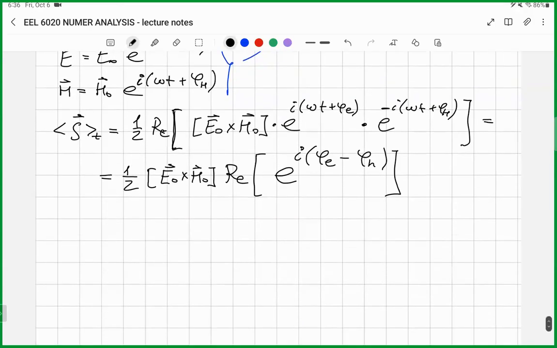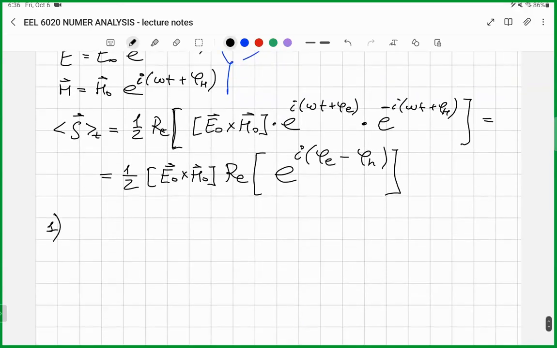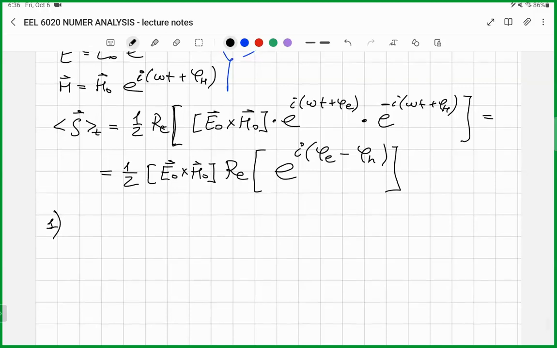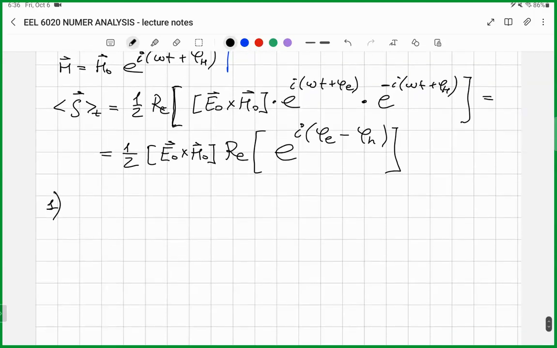So we can now consider several cases. The first one: if the phase of the electric field is equal to the phase of the magnetic field, so no phase difference between the electric and magnetic field.